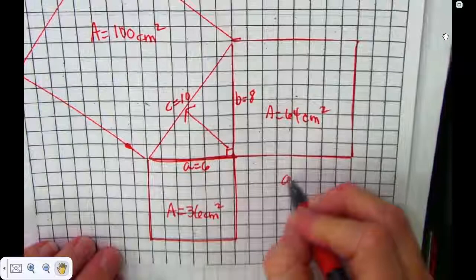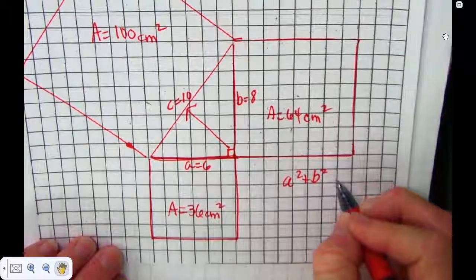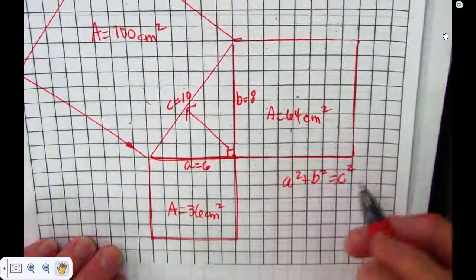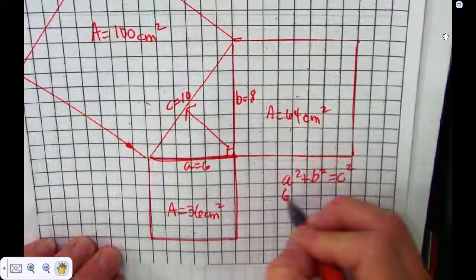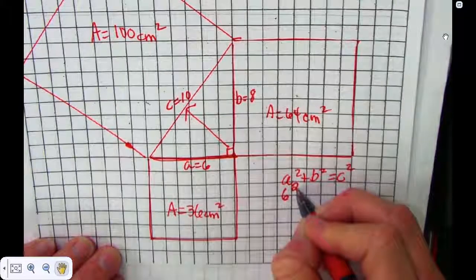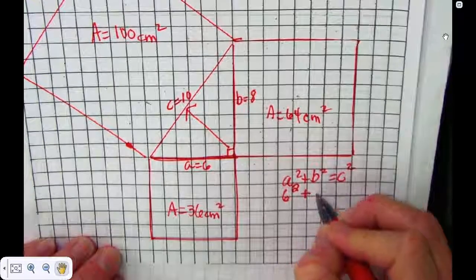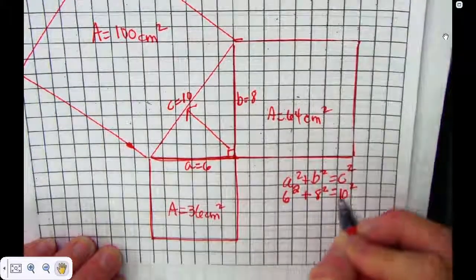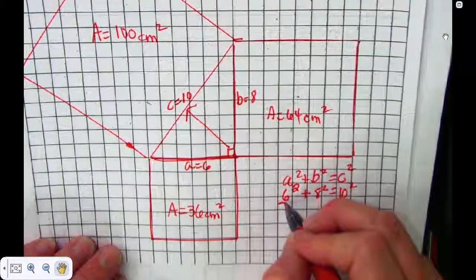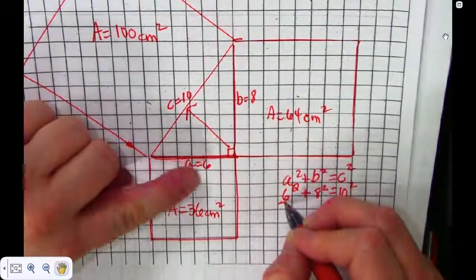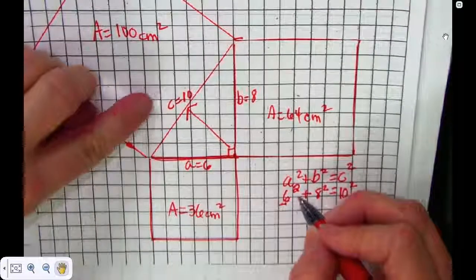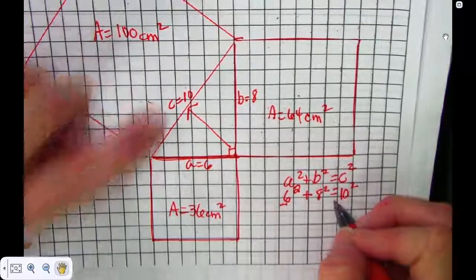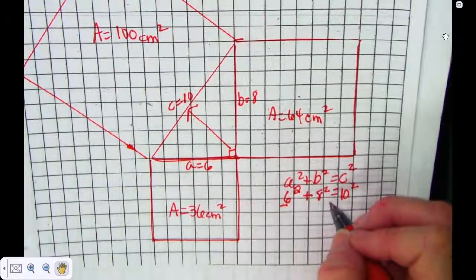So let's use the theorem to prove it. A squared plus B squared is C squared. So what's A? Well, 6, and we're going to square it in a minute to get the area. Then 8 squared equals 10 squared. All we're doing is substituting the side lengths. I'm putting 6 in for A, 8 in for B, 10 in for C, and I'm proving that it makes a true statement.